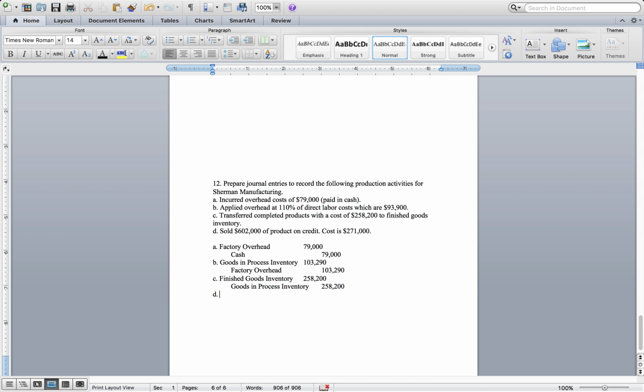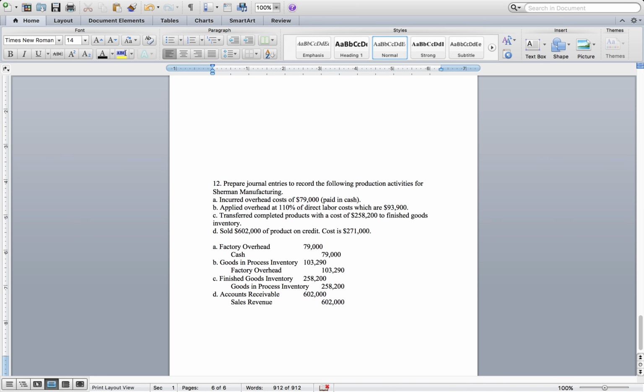Last one, sold 602,000. Product on credit cost is 271,000. Remember, anytime something is on credit, you want to increase accounts receivable, the asset, by the amount you sold it for, which is 602,000. Remember, here you made a sale, so you want to credit, increase the sales revenue by 602,000. Remember, anytime you sell an item or product, you always make two entries.